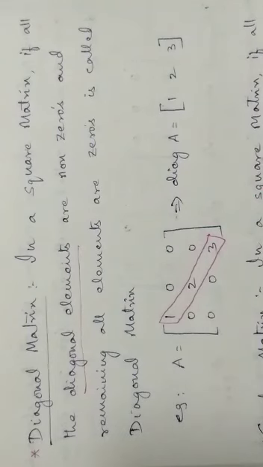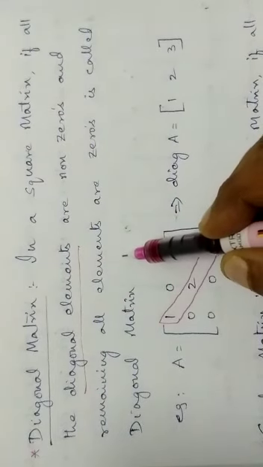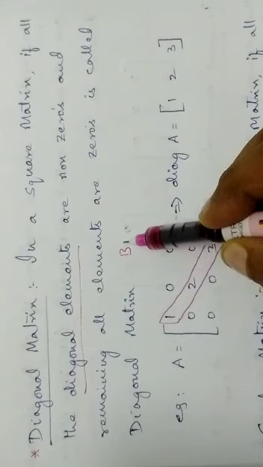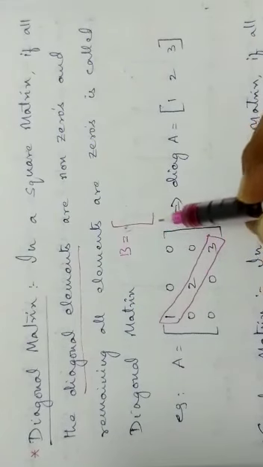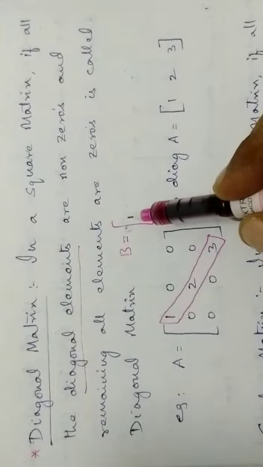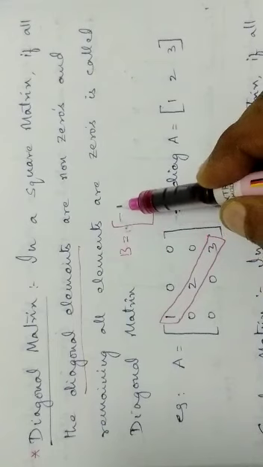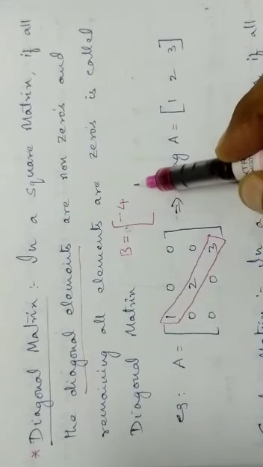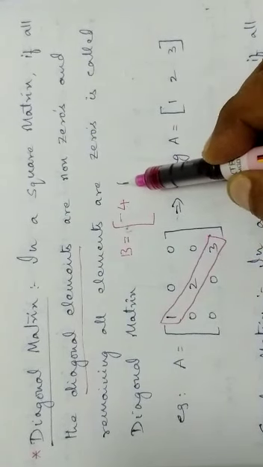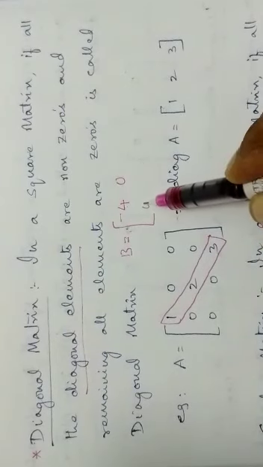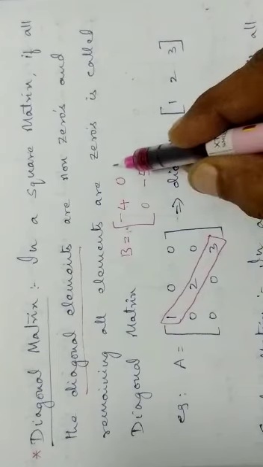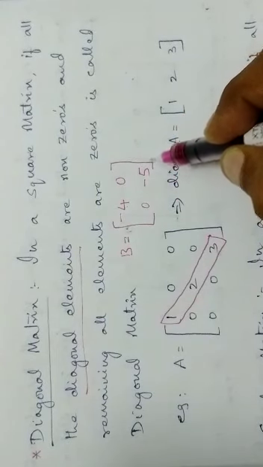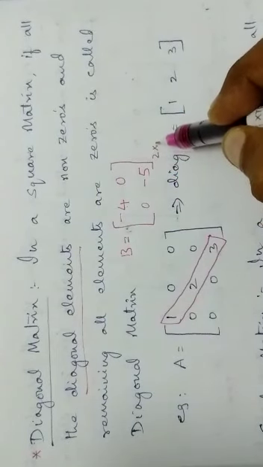We try to write one more example. I name the matrix as B. I am writing a 2 by 2 matrix: -4, 0, 0, -5. 2 rows, 2 columns, 2 by 2 matrix.